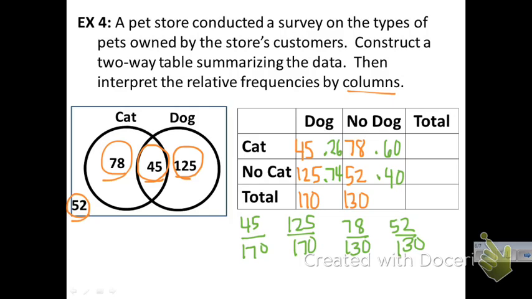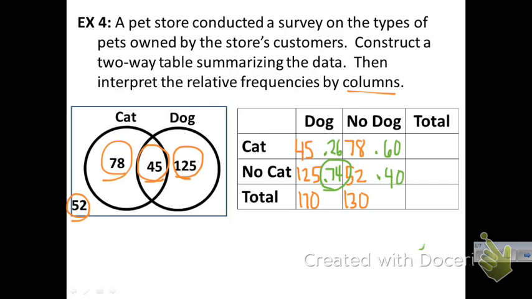So then it says to interpret this. Well, I'm going to look for the greatest relative frequency, which is right here. And I'm going to say, first let me erase my ratios. I have room to write.